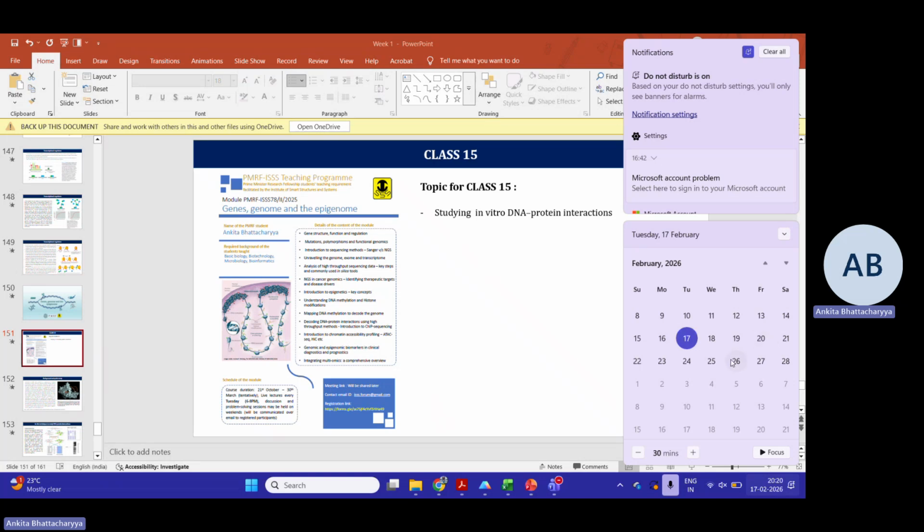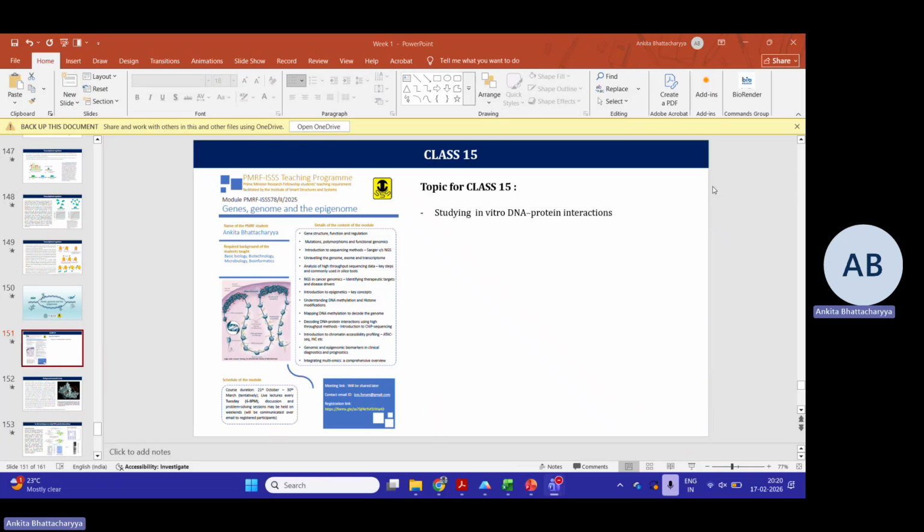Then you have 16, 17, 18, 19, then 20, 21, 22, 23, 24, and 25. So by the end of March, we'll be done with everything related to this course. That will include another exam for easier, better understanding, and to carry out a little bit of an evaluation of our current status. And that's pretty much it.